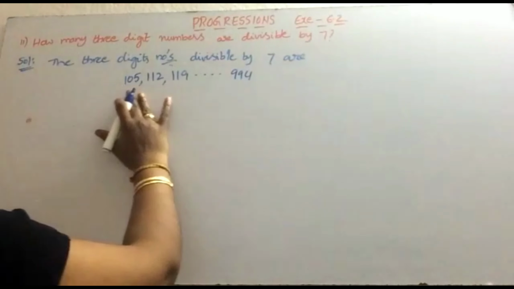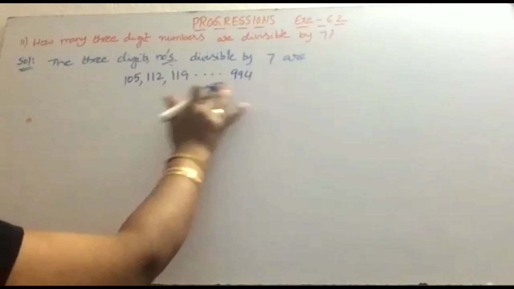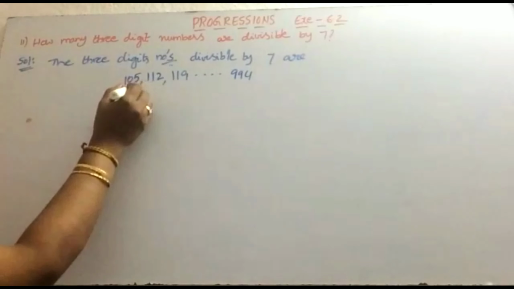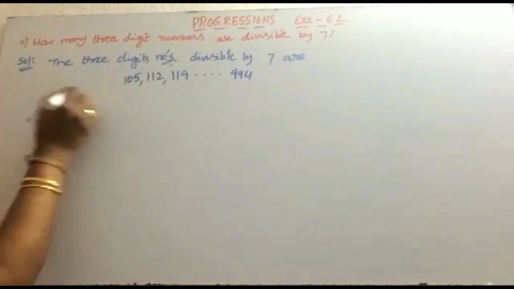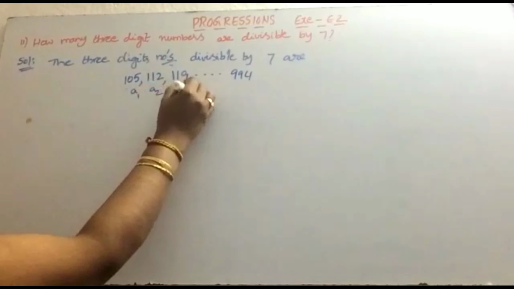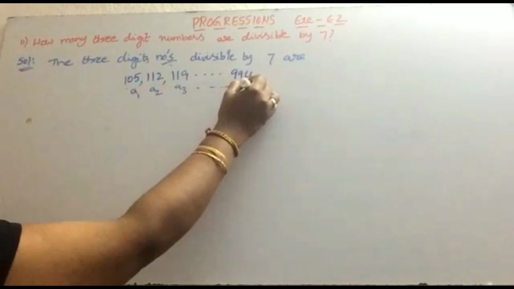Now we will find the number of these terms. First we will find the common difference. I will take these as A1, A2, A3 and so on, up to AN.